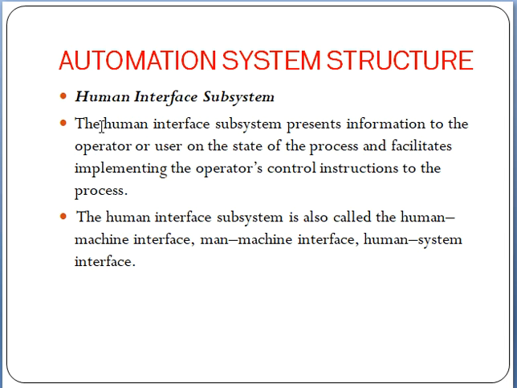Now, what is the human interface subsystem? The human interface subsystem presents information to the operator or user on the state of the process and facilitates implementing the operator's control instruction to the process. The human interface subsystem is also called human machine interface, man machine interface, and human system interface.